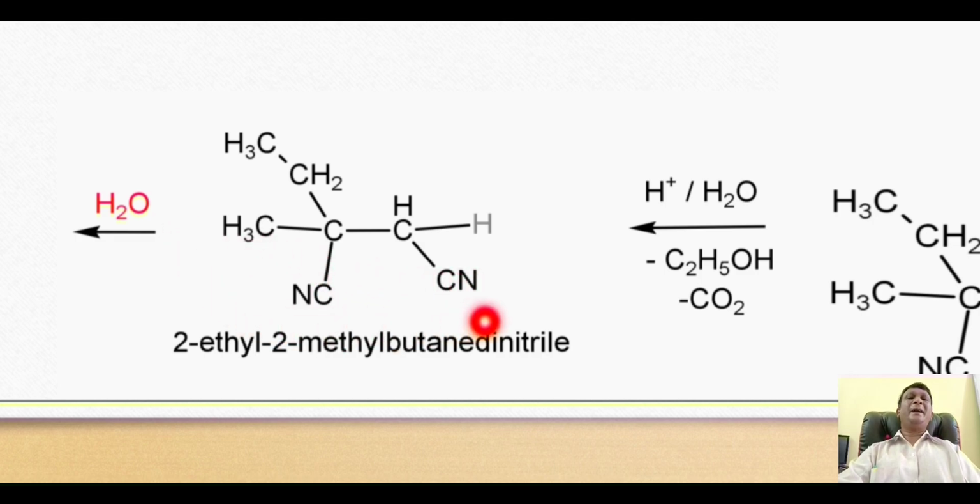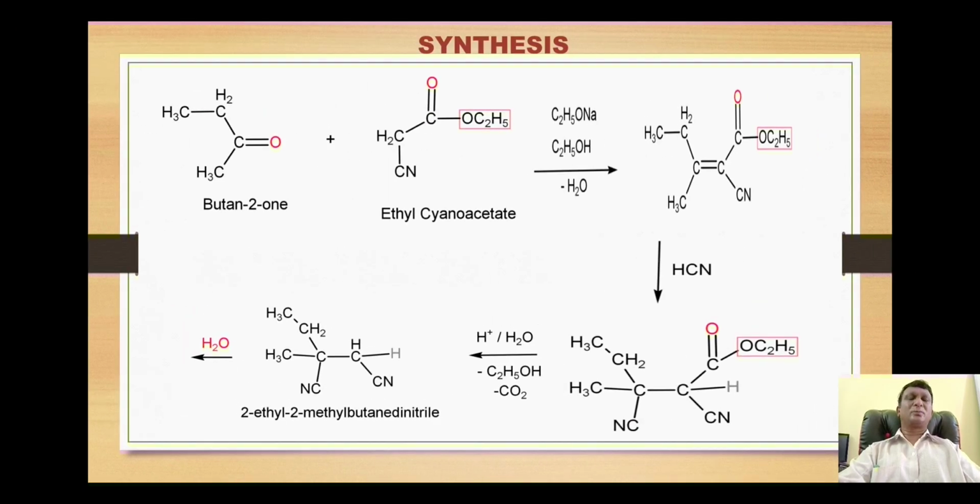Now this dinitrile derivative then is reacted with water molecule, which is also a familiar reaction, the hydrolysis of the nitrile, which gives the formation of corresponding amide first, which on further reaction with water molecule gives the corresponding carboxylic acid derivatives.